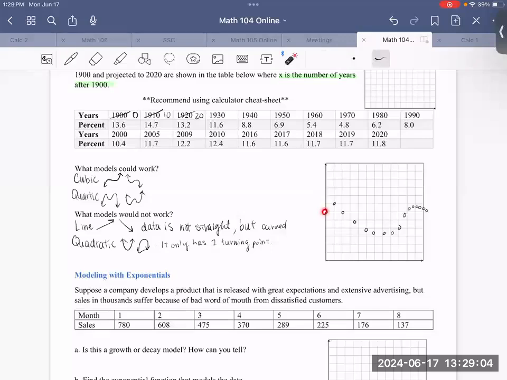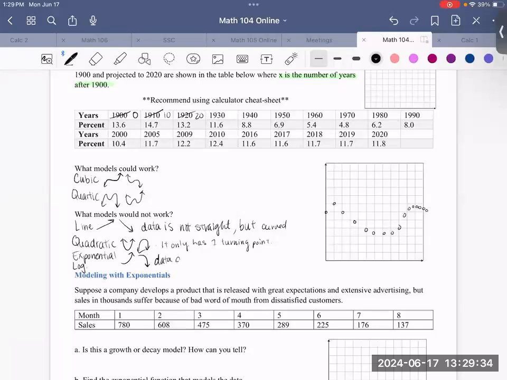Exponentials, even if it were to go down, right, there's too many curves, or if we went up, definitely doesn't work. Logarithmic, logistic, looks something like that. So these ones would not be a very good fit. Exponential goes up or down rapidly.